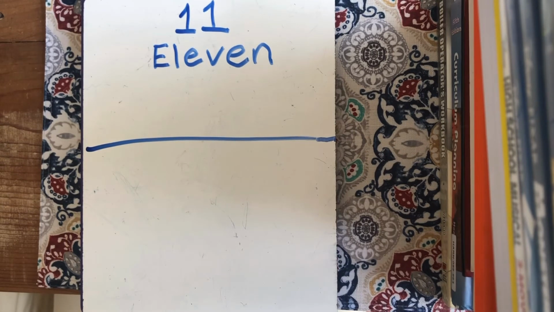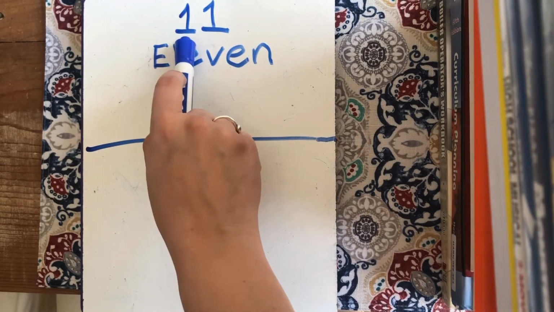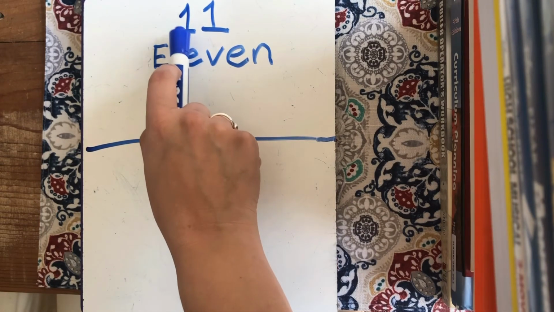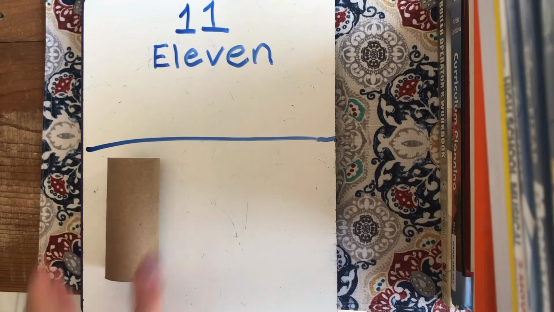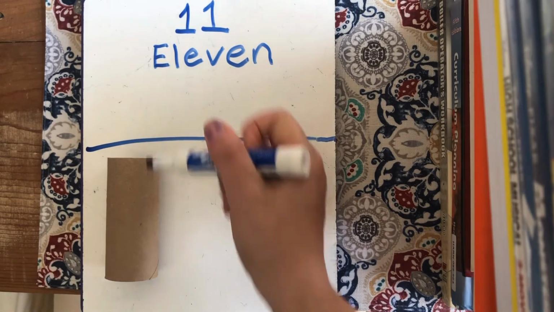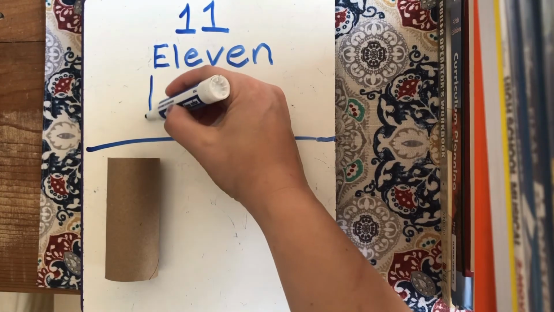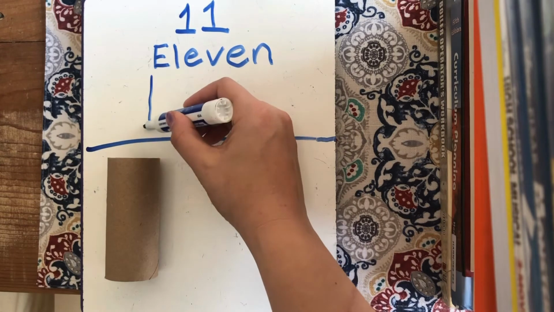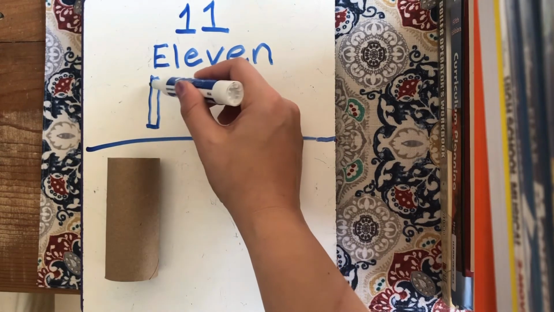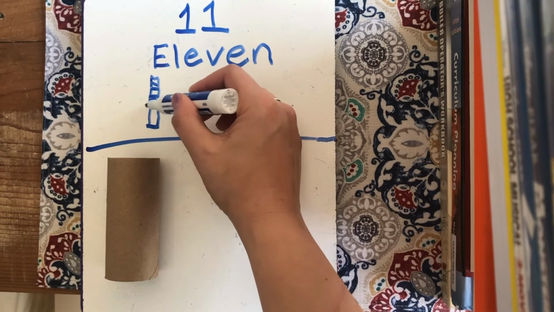Now we are going to show what the number 11 looks like using manipulatives. So remember that 11 has how many tens? 1 ten. Remember we're using our toilet paper rolls? It has 1 ten. So that would be a stick. And you can draw your stick if you would like to. I usually add this sometimes to eliminate some of the confusion behind it.